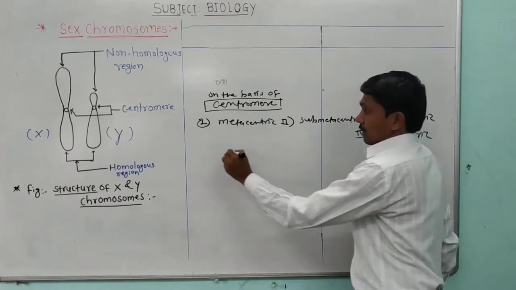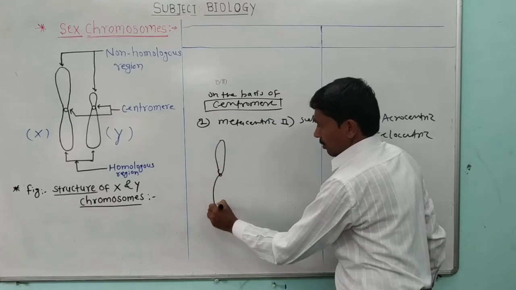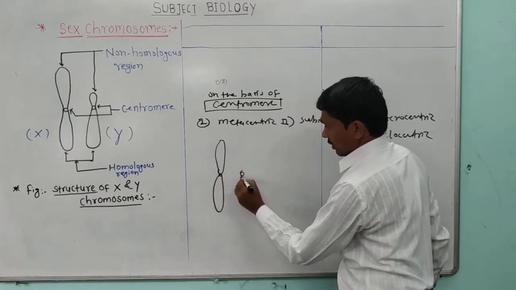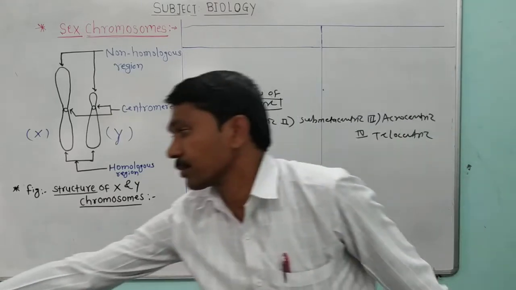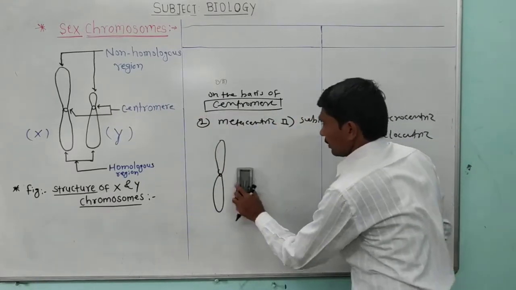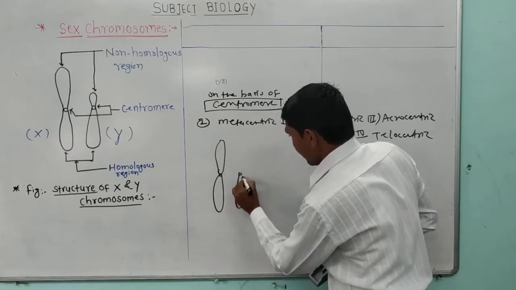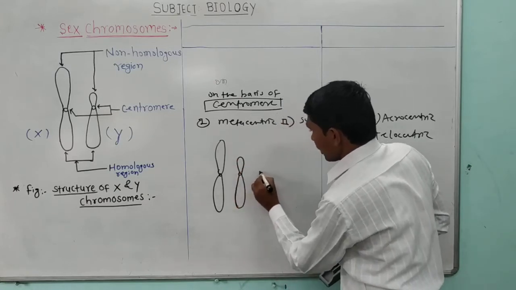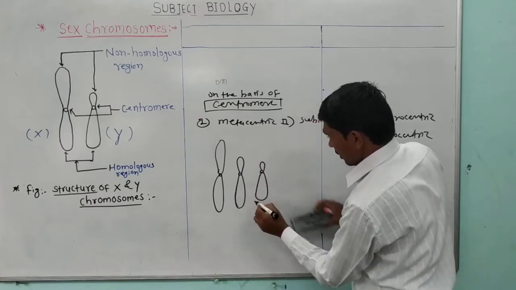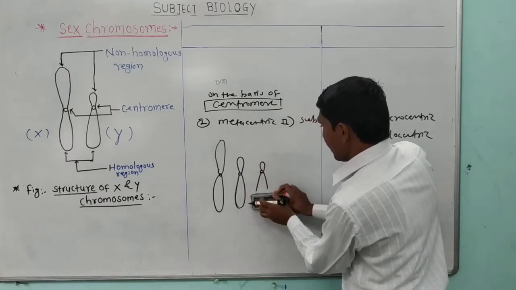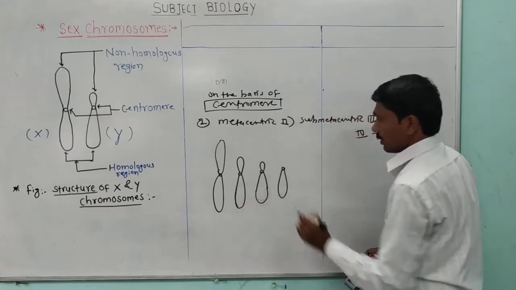So see the diagram. For example, the first one is metacentric, second one submetacentric, third one acrocentric, and fourth one telocentric.